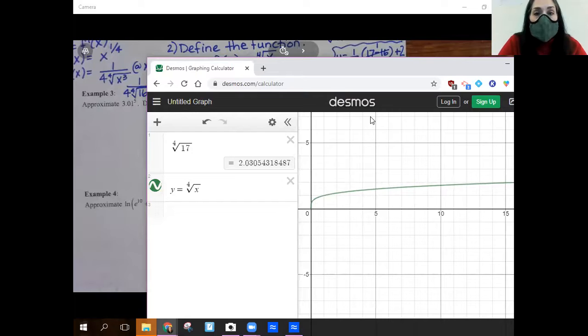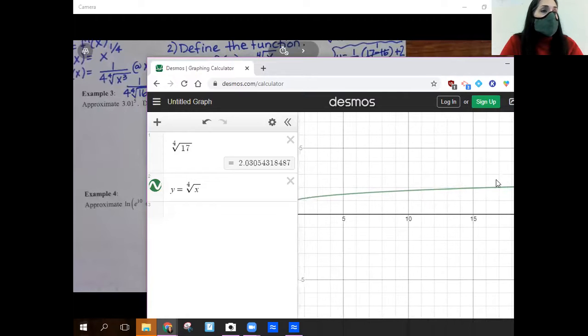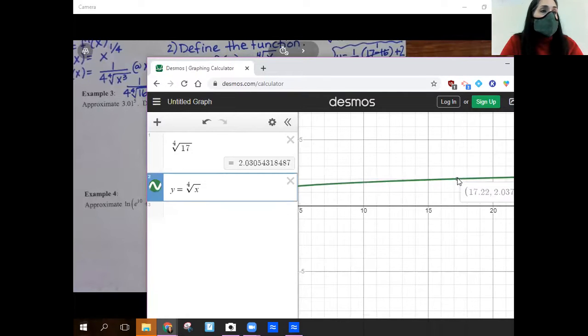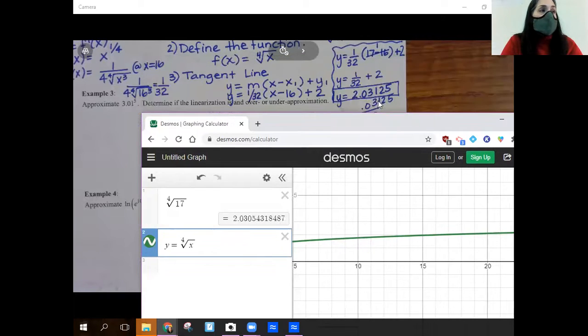Kind of just looks like a square root, only a little bit higher, a little bit different. So fourth root of 17 would be way out here, and it would be roughly 2.031 according to Desmos. Our answer was just a little bit bigger because the tangent line would be above the curve. Okay.